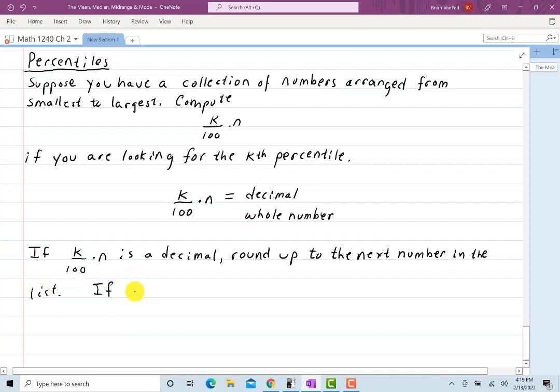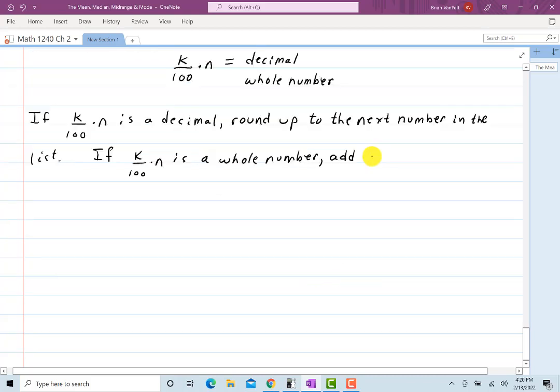If K over 100 times n is a whole number, add 0.5.